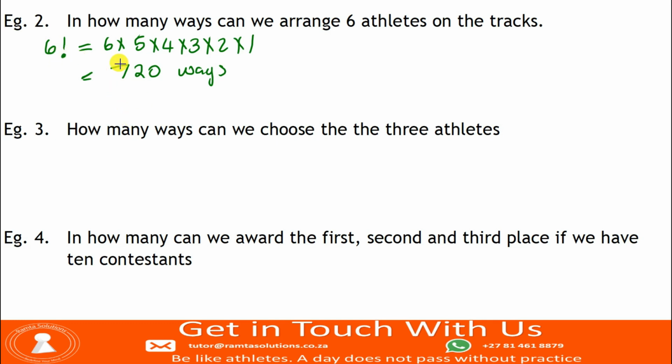Okay. Now, I need to fix number 3. In how many ways can we choose the top 3 athletes?